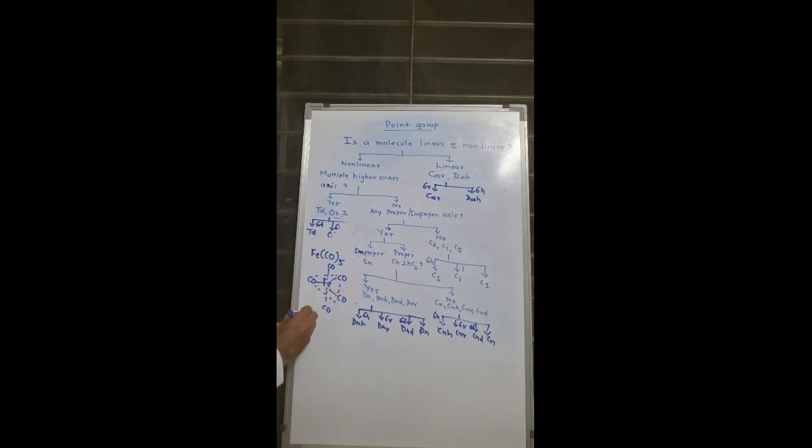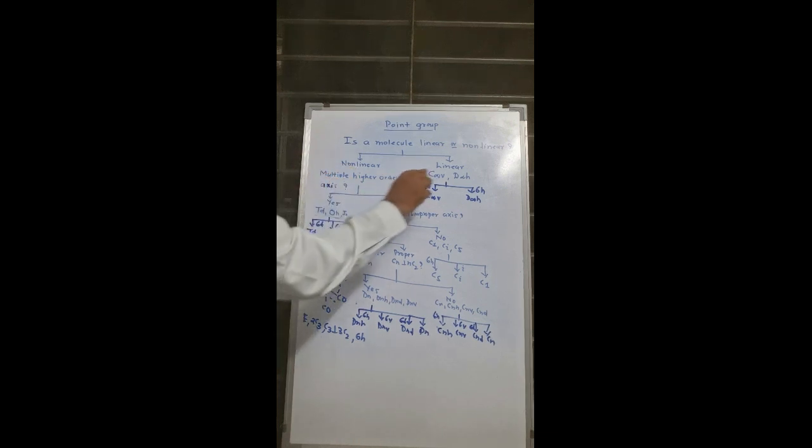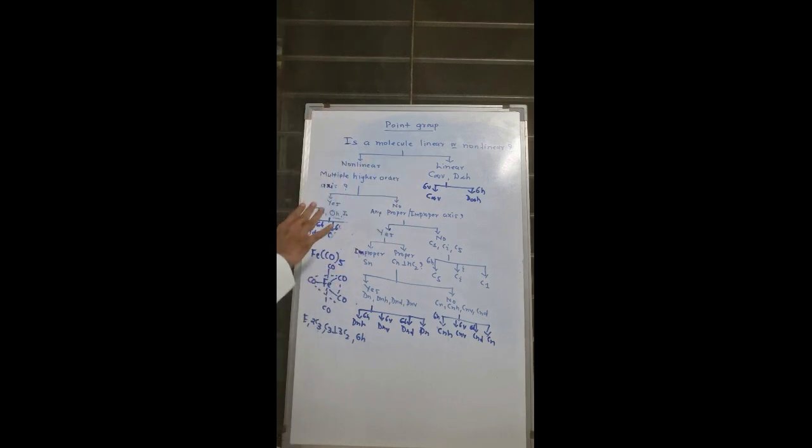This molecule consists of E, 2C3, that is C3 plus and C3 minus, C3 perpendicular to 3 C2s and sigma H. So from this chart, the molecule is non-linear, which means C infinity V and D infinity H point groups are absent.